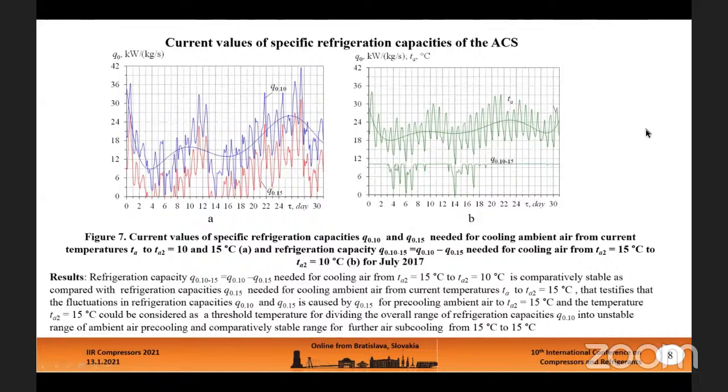As you see, the range of subcooling air from 15 to 10 degrees centigrade is respectively stable as compared to its fluctuation during ambient air pre-cooling to 15 degrees centigrade.